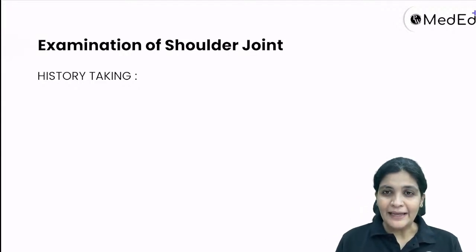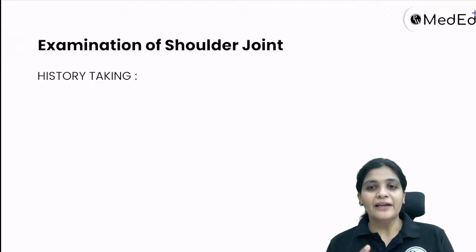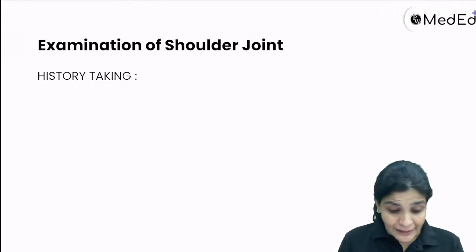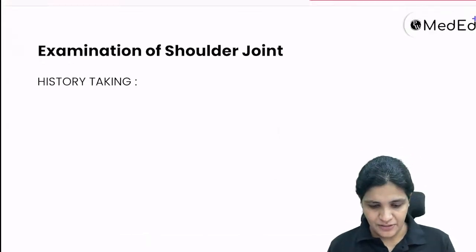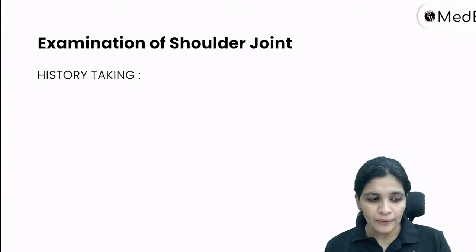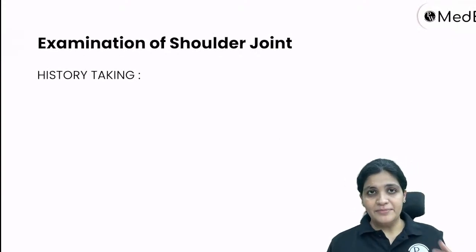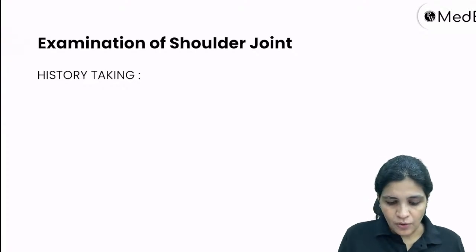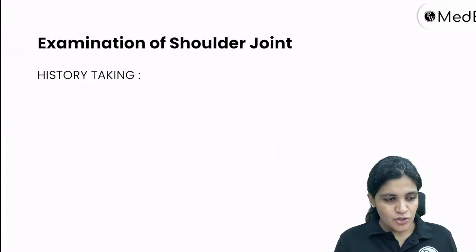Dislocation is one thing, but usually they won't give you dislocation as the case, but they can put it as the X-ray option. But in the OPD, I'm talking about the chronic cases. What are the most common chronic cases you see in the shoulder joint?